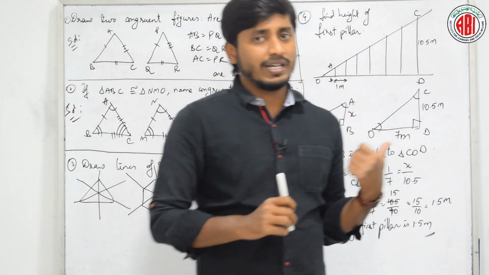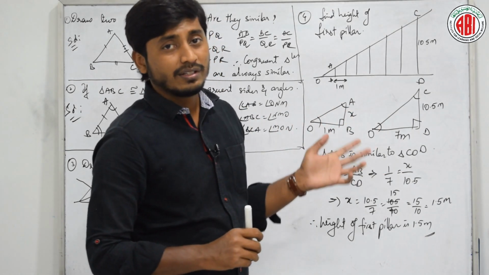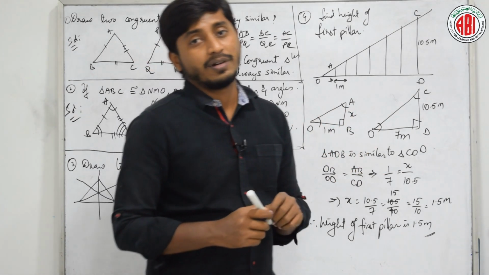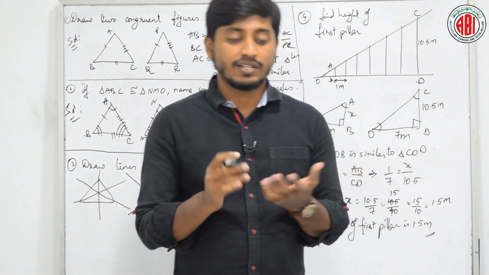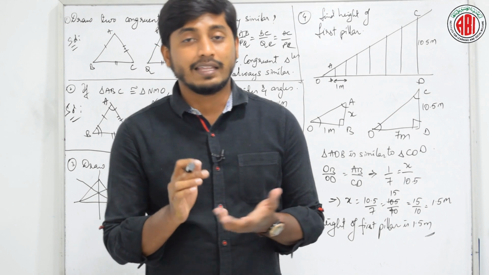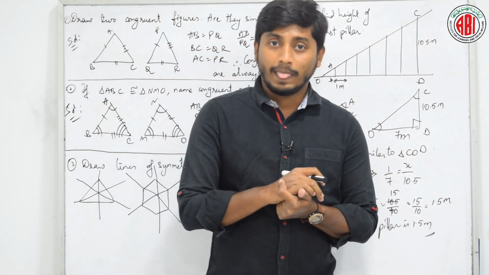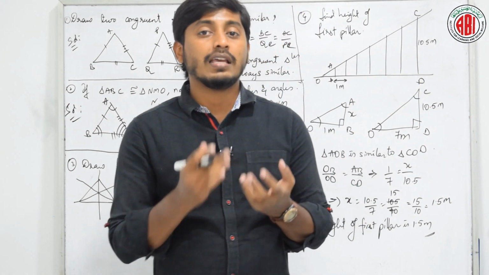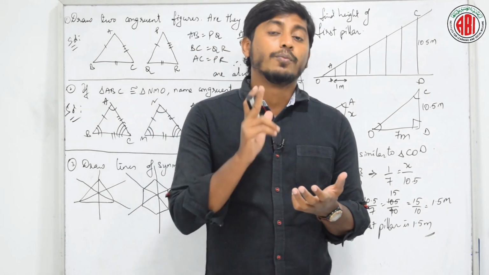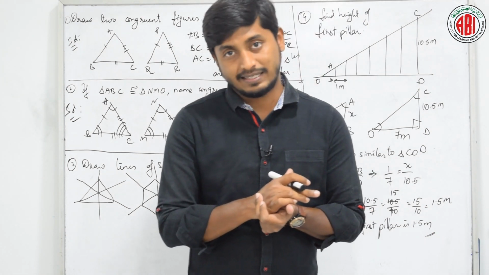Did you understand? With this, we can conclude this chapter, exploring geometrical figures. What all did we learn in this chapter? We discussed the basic figures, and then congruency, similarity, symmetry. What is congruency? Congruency is when both figures have the same shape and same size.